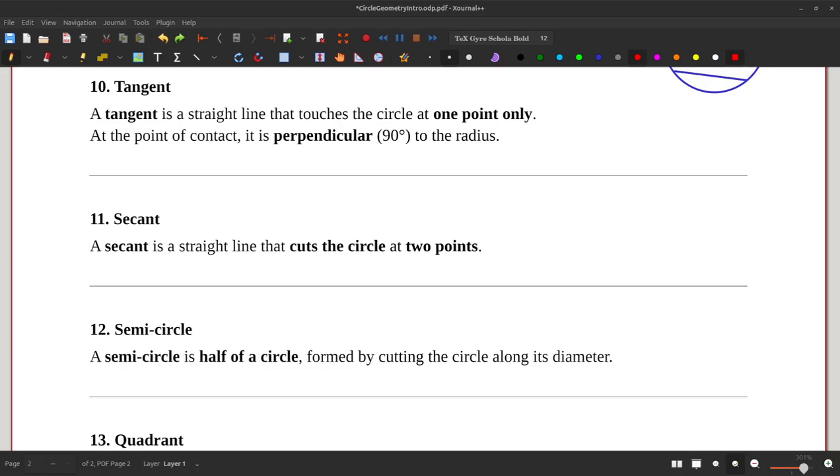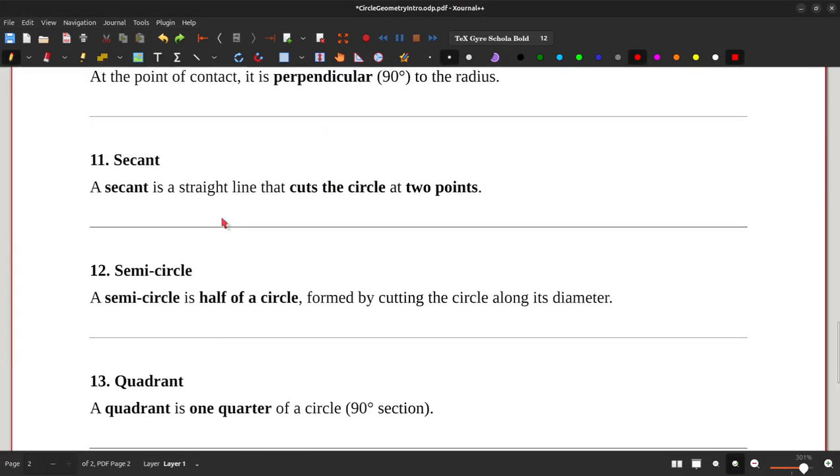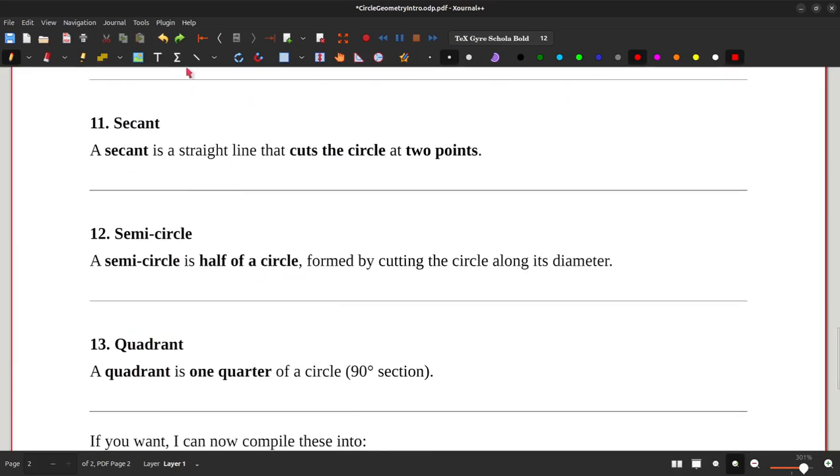And then the next definition I'm seeing here is quadrant. Quadrant comes from quarter. So this is 1/4 of a circle, a section that is 90 degrees. Let's try to draw this one. Let's say this is our circle.